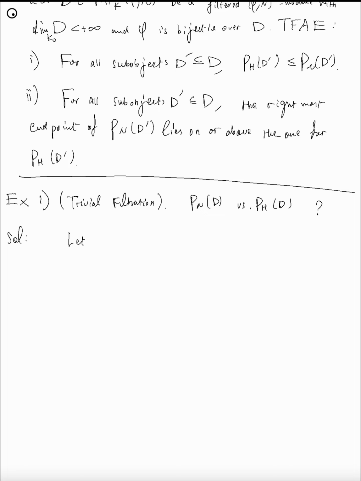So let D be a filtered finite module such that it's finite dimension as a K vector space, and Frobenius is bijective.